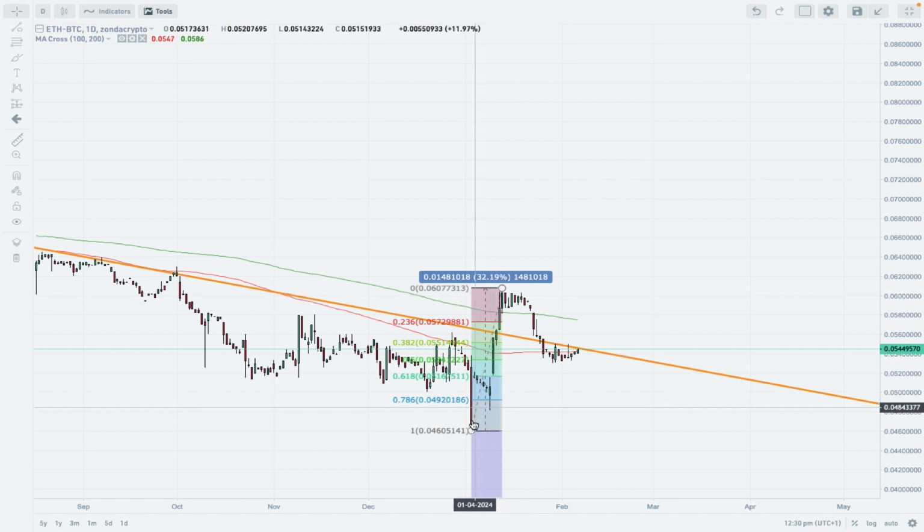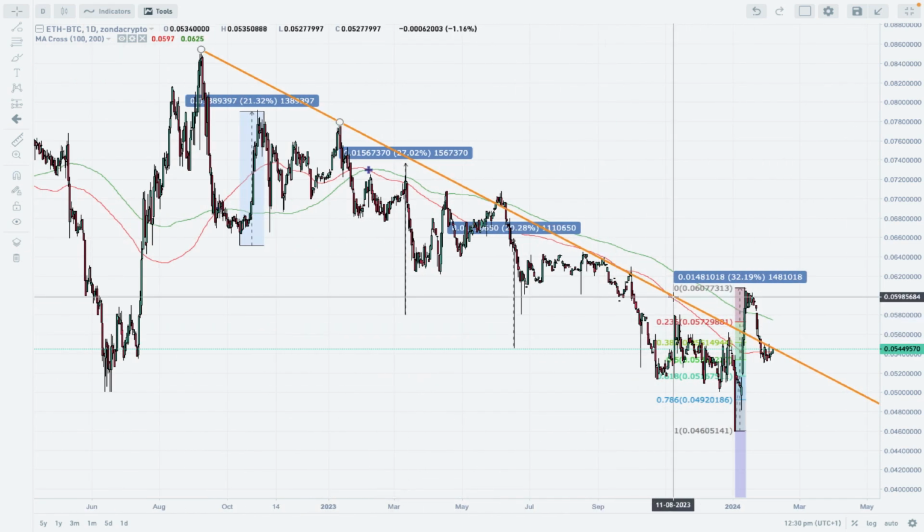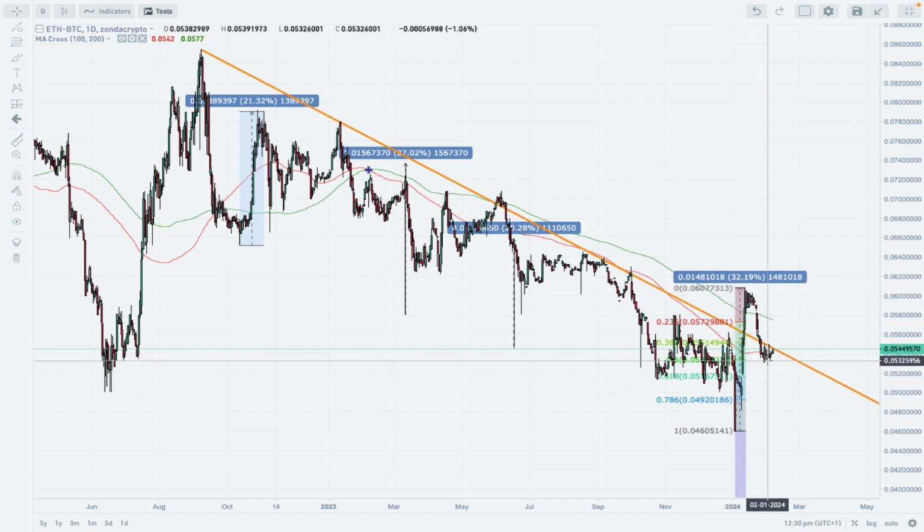But because it's so impulsive, because it's so strong, because it has 32%, which is the biggest one in the series of the bounces, there is no reason why we shouldn't treat it as the potential beginning of the new nice trend to the upside.